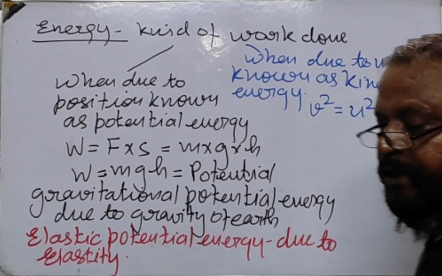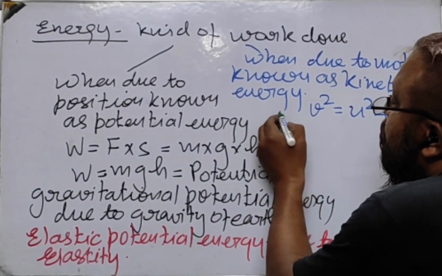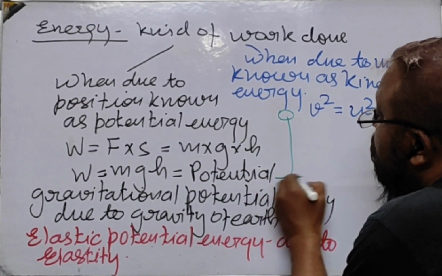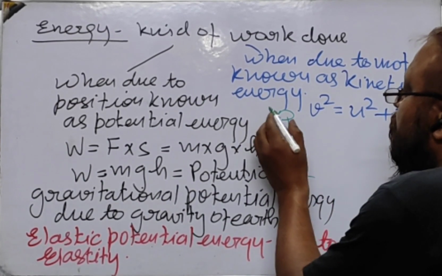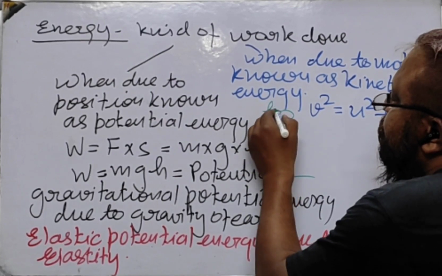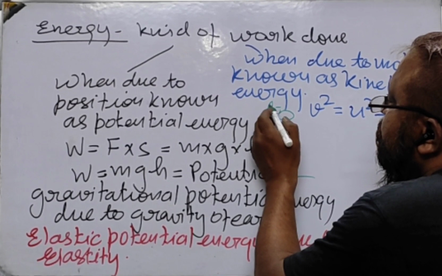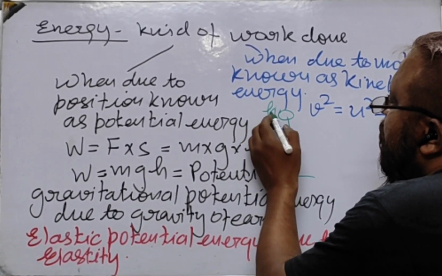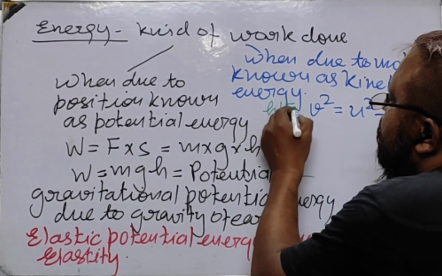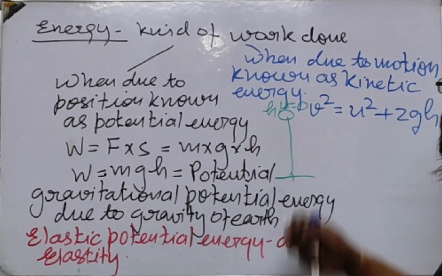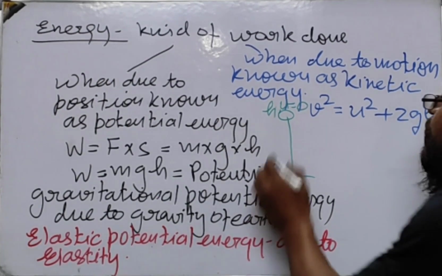When an object is falling to the ground, at the highest point, at height h, u is equal to 0, the velocity just before it starts falling.